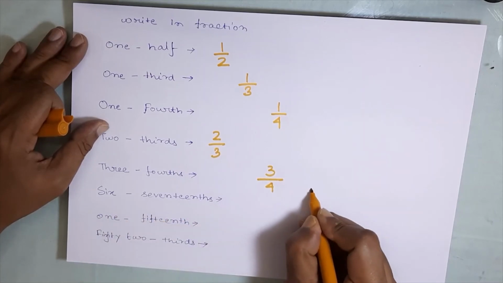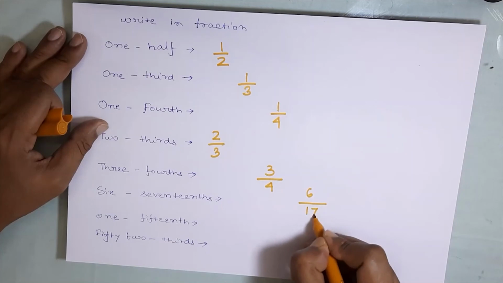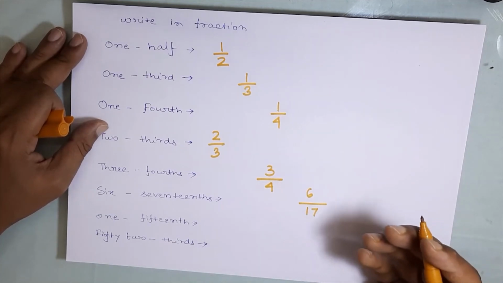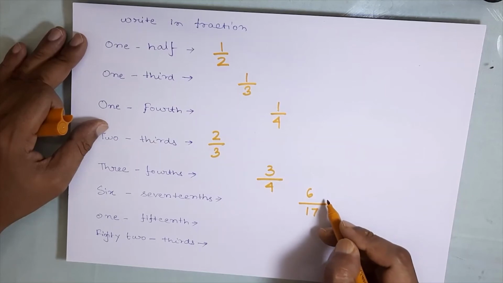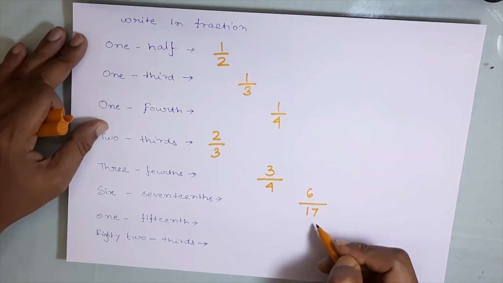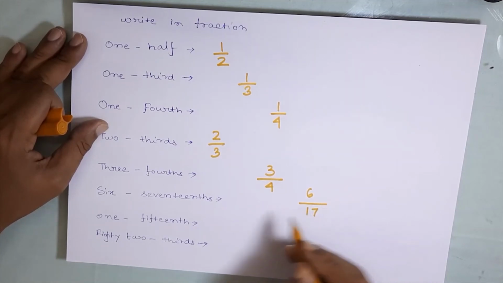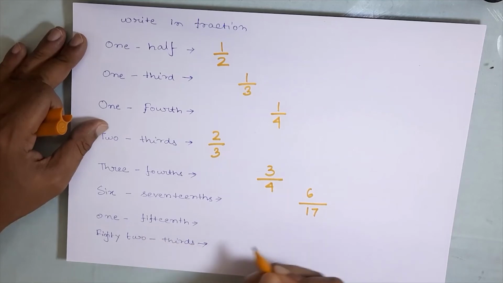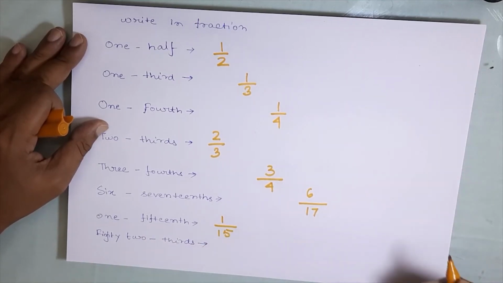So 6 will be your numerator and the denominator will be 17. So the whole is divided into 17 equal parts, and out of 17 equal parts we have taken 6 equal parts. That 6 equal parts out of 17 equal parts we represent in fraction as 6/17. And one fifteenth will be this fraction.